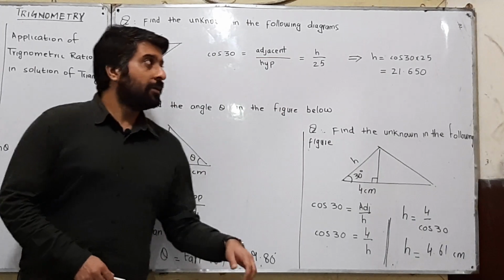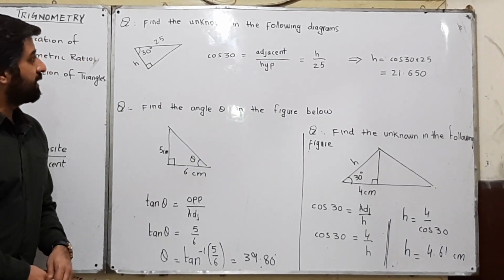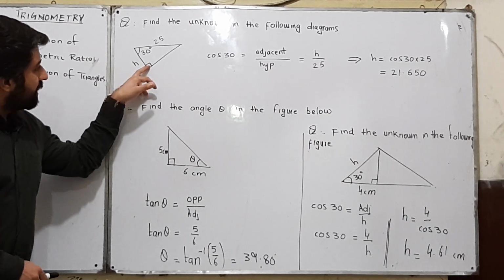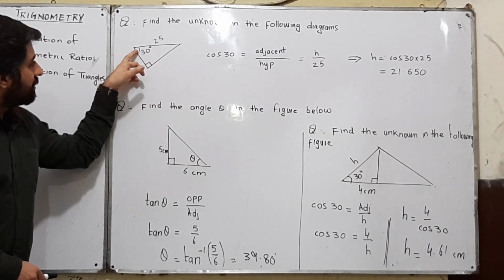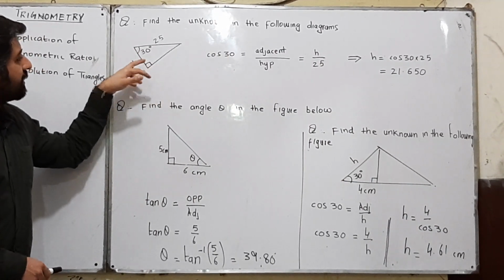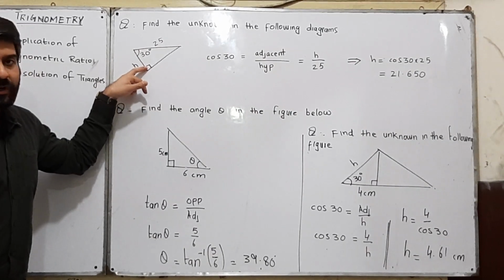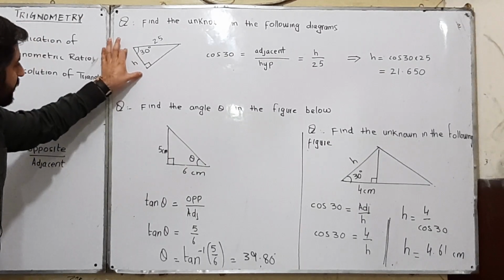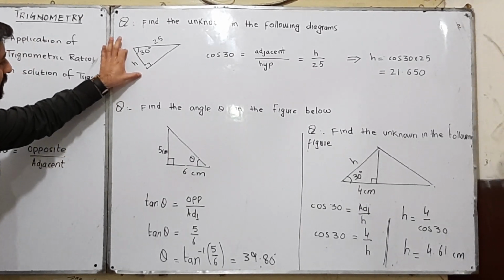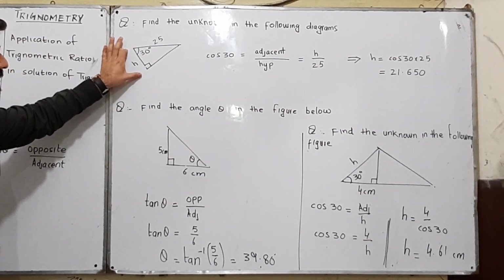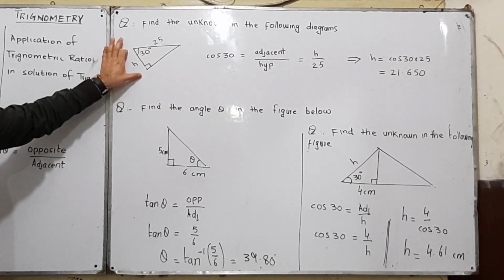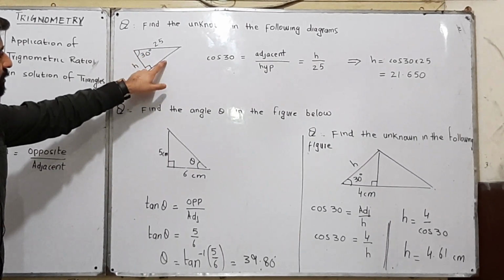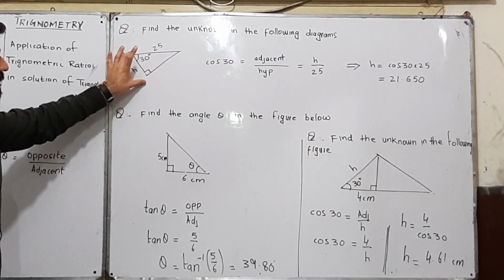Now, in the second type of problem, you are going to find the adjacent side. In this triangle, this angle is 90, this angle is theta, a right angle triangle. The side opposite to the right angle is the hypotenuse, and we are going to find h. In this case h is adjacent, because this side is opposite to 30, so we have this one as opposite and this is adjacent.